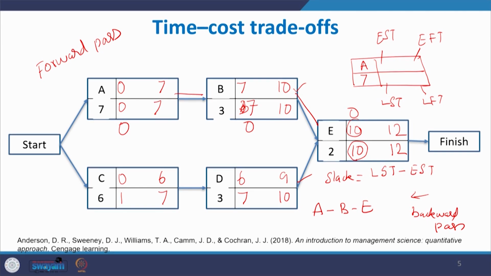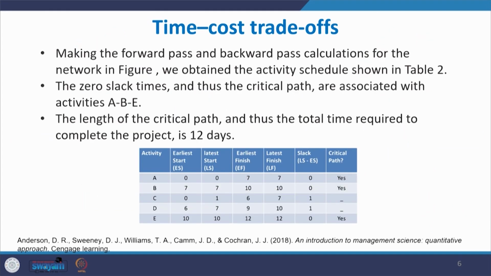What is the project duration? 12 days. Making the forward pass and backward pass calculation for the network in the figure which I have shown in the previous slide, we obtained the activity schedule shown in Table 2 like this. We found the earliest starting time, latest starting time, earliest finishing time and latest finishing time for each activity.